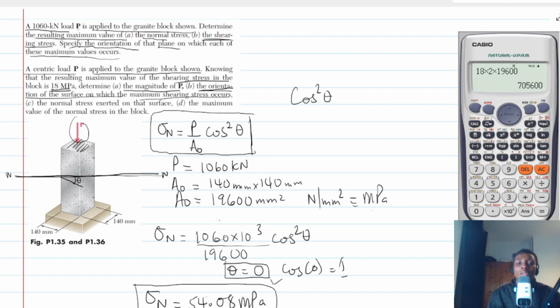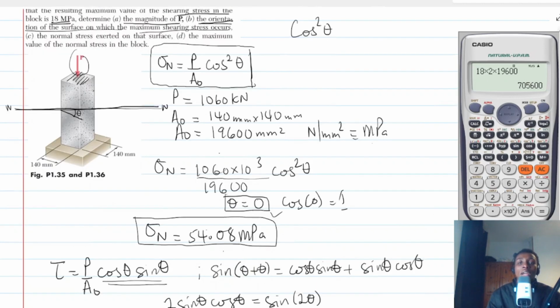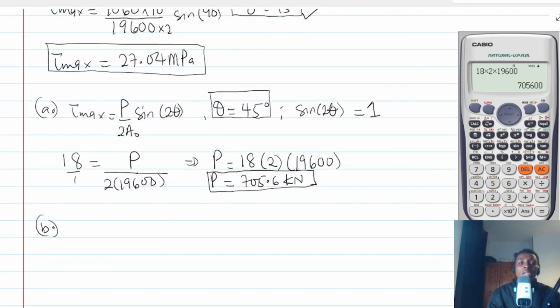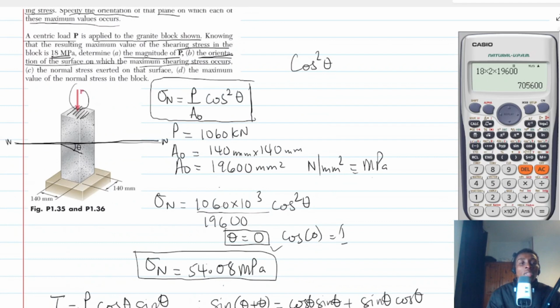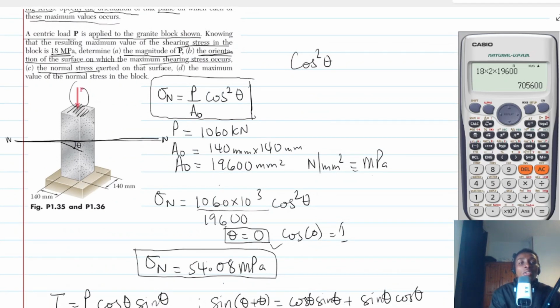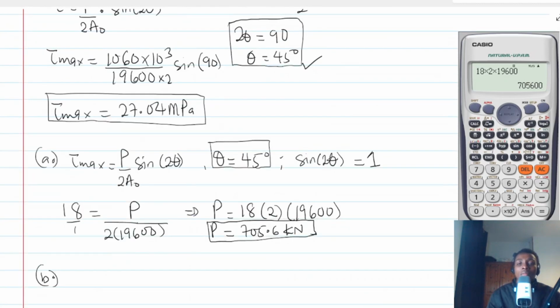Since we know P, which comes from the maximum shear stress, we are going to use what we have just gotten.